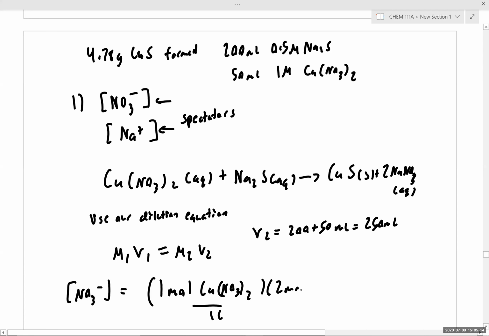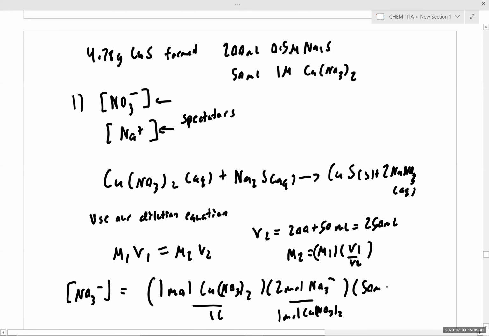We know that we have 2 moles of nitrate per every 1 mole of copper nitrate. And then looking at our ratio of volumes, we know that M2 is equal to M1 times V1 over V2. So for our initial volume for copper nitrate, we have 50 milliliters. And for our final volume, we have 250 milliliters.